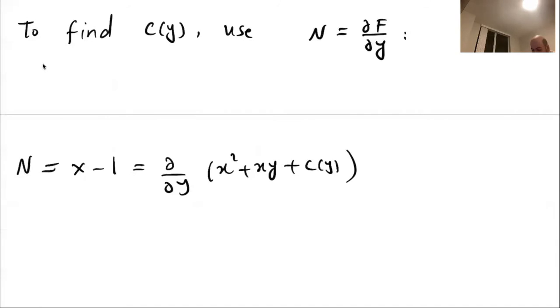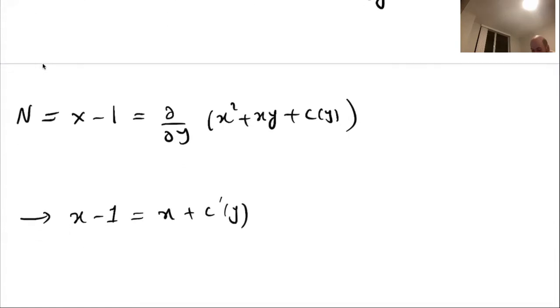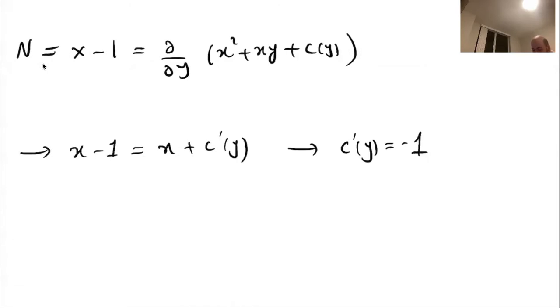Now, the derivative of x squared with respect to y is 0. So I can say that x minus 1 equals x plus c prime of y. And that gives me c prime of y equals minus 1. And then c of y will be minus y plus d, where d is a constant.